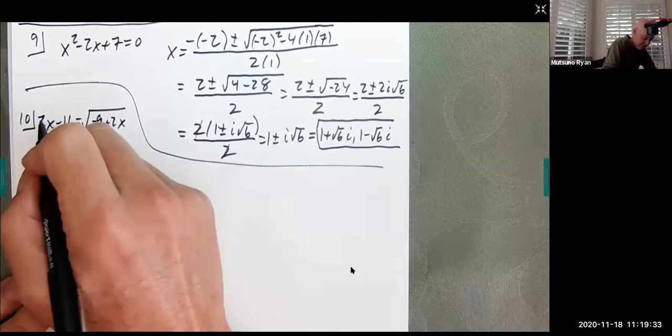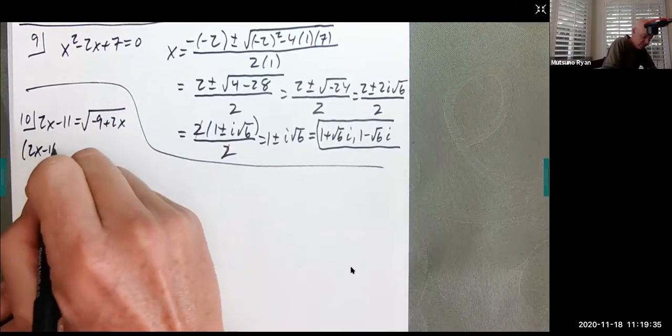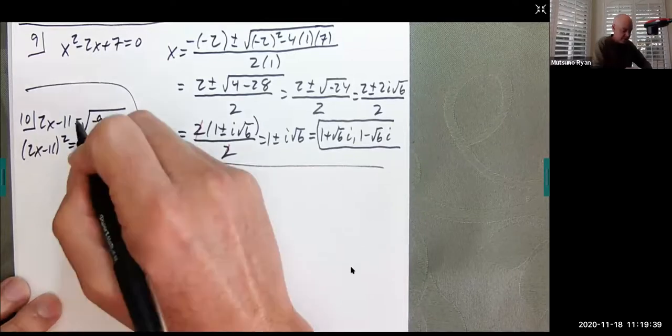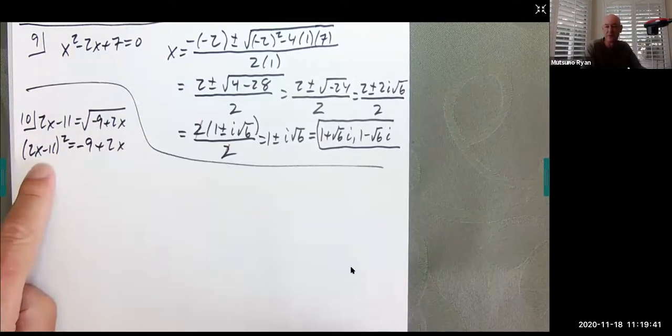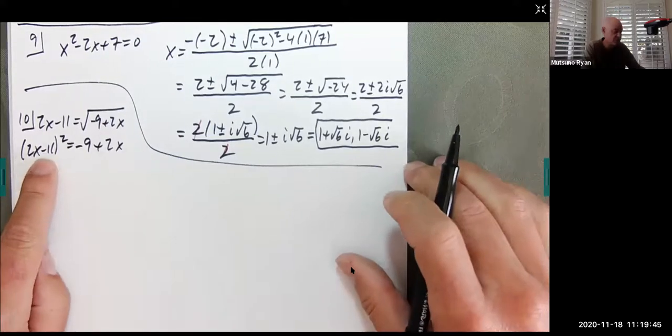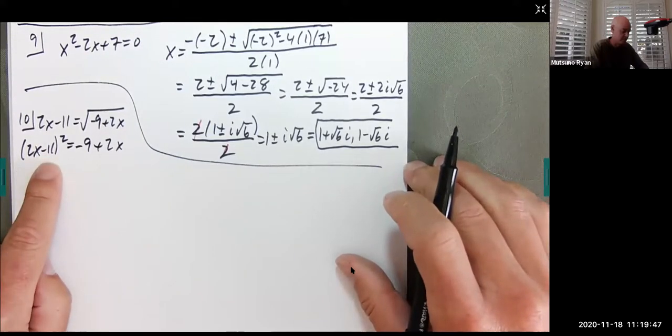I have to be careful on this left side here. Here it gets rid of the radical. Here I have to actually FOIL this out. There's a rule you can follow, but just make sure you don't just give a square root of the 2x and a square root of the 11. That does not work.